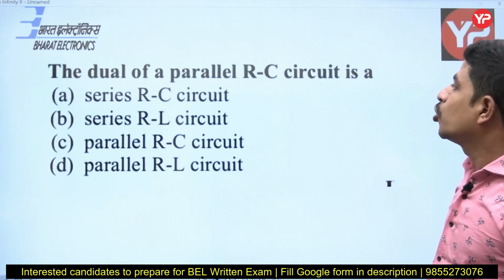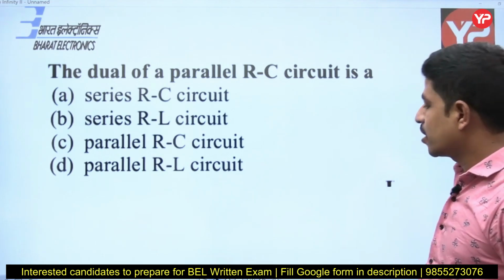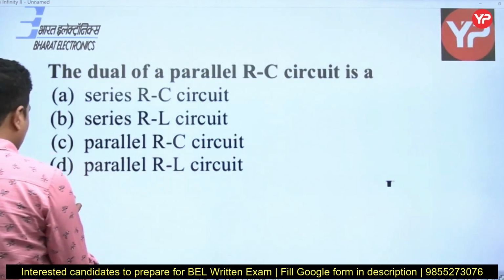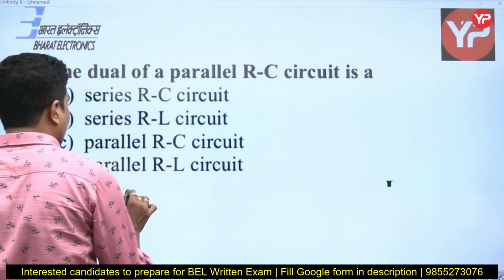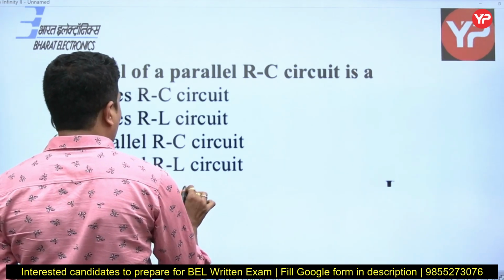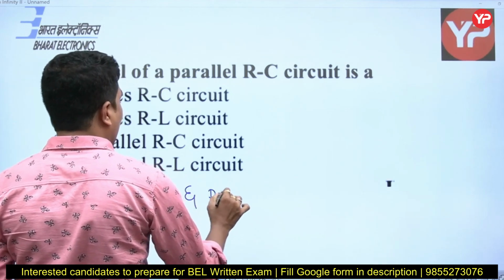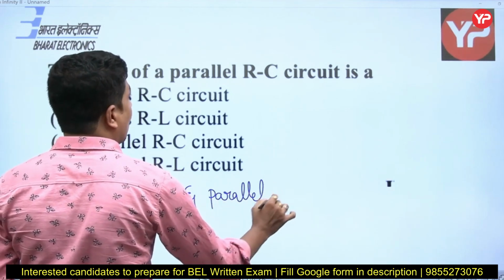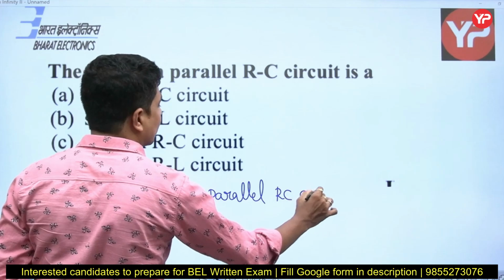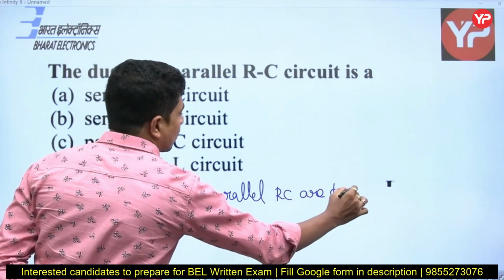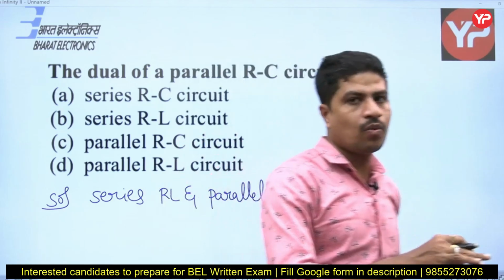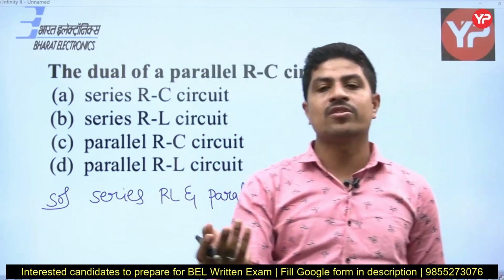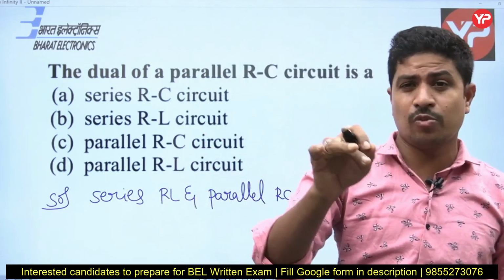The dual of parallel RC circuit is, yes, the concept of duality. Series RL and parallel RC are duals. Dual means KVL equations of one network must be similar to the KCL equations of the other network, then those two networks are said to be dual.